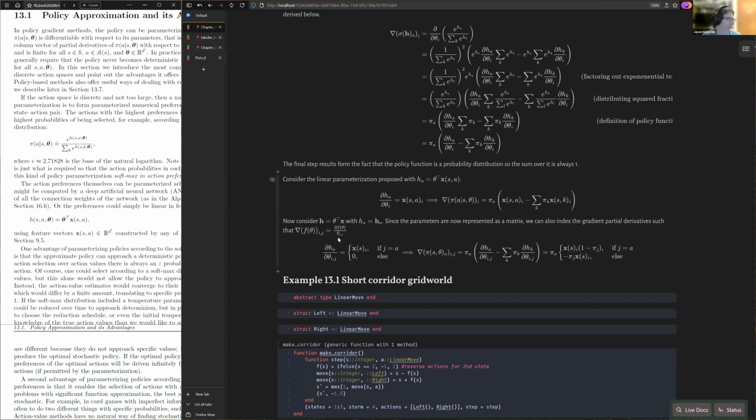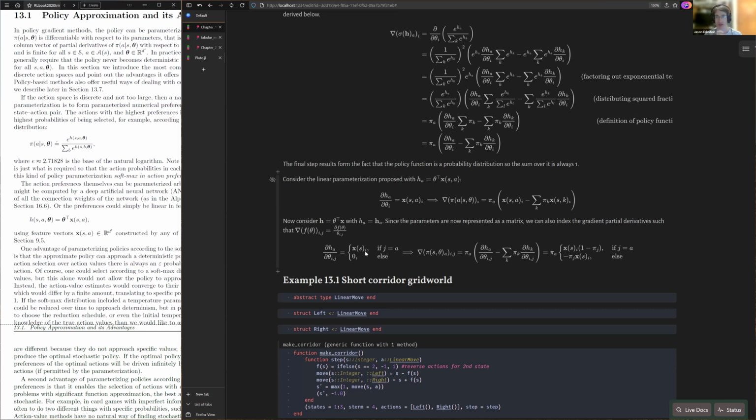And here, just for convenience, I'm indexing the components of theta as i and j. Now, if you look at how this matrix multiplication works, the partial derivative is a little different. Before, it was always the feature vector component. Now we have two different components to worry about, and we only have the state feature vector, so this partial derivative is just the state feature vector at the column that corresponds to the action we're talking about.